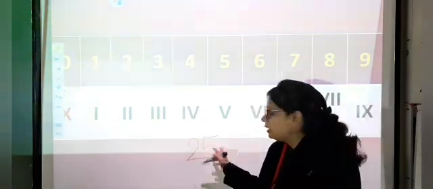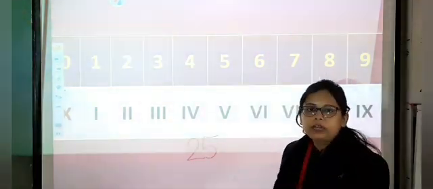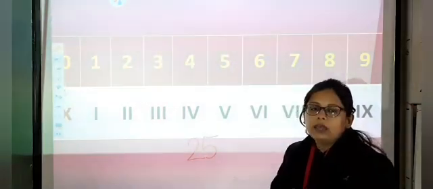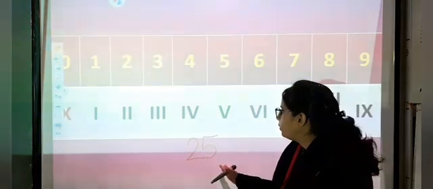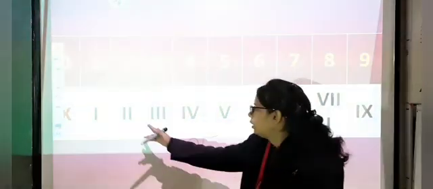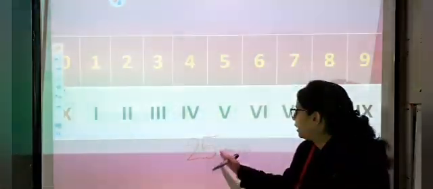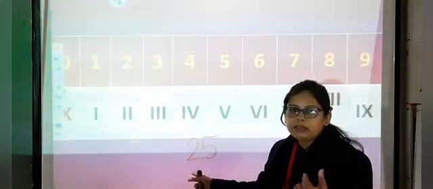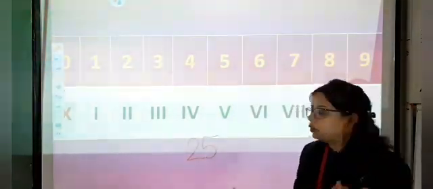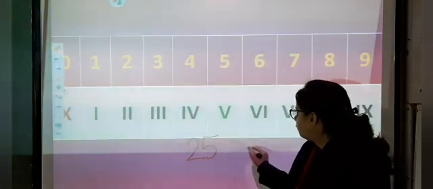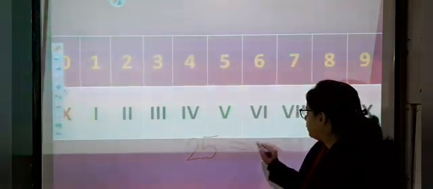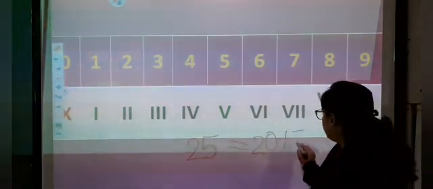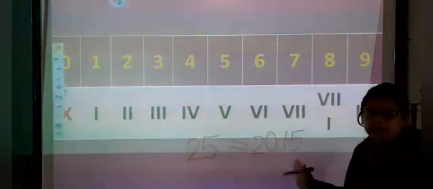Don't consider it as 2 and 5, because most of the students make mistake and they write 2 as double I, and 5 as V. That is wrong, because 2 is on the tens place, that is 2 tens. So what is 25? Well, 25 is 20 plus 5.